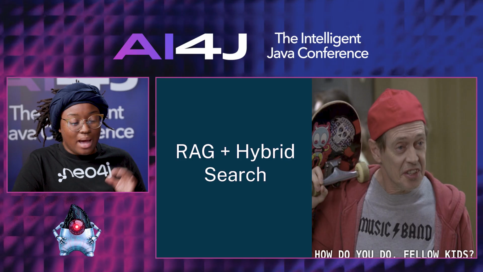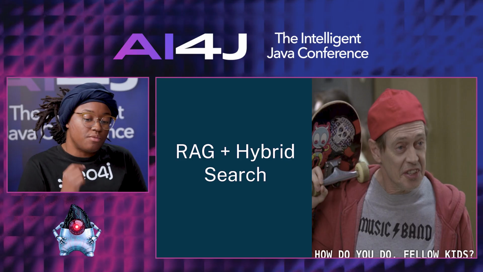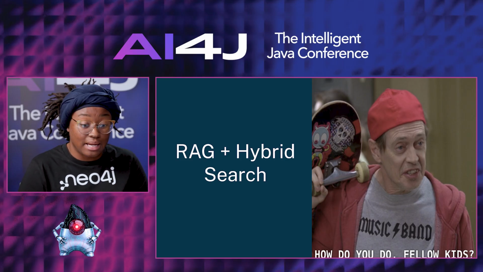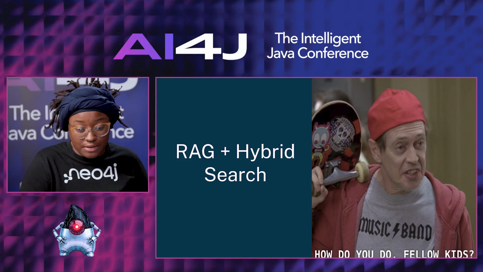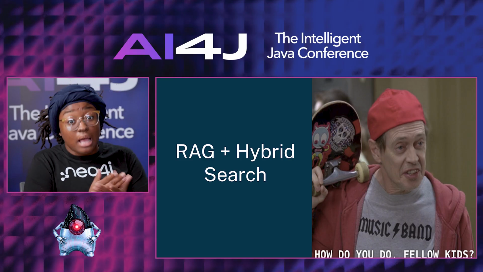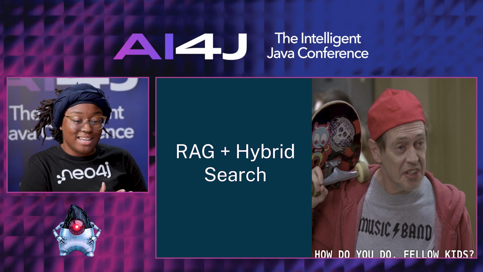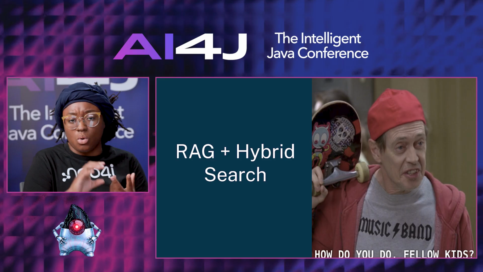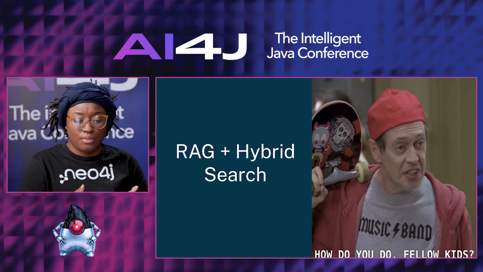However, pure vector search can retrieve off-target information, resulting in context poisoning, which can lead to the wrong answers or the hallucinations that AI agents often give us. We try to combat this most of the time with RAG plus hybrid search, where we combine vector semantics with symbolic filters, for example, either keyword or metadata filters, to ensure relevance.